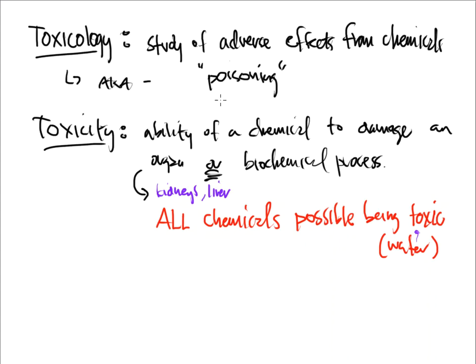What's a biochemical process? Well, a biochemical process would be processes that your body is doing. And these chemicals will interrupt that process. So, for instance, hemoglobin. Hemoglobin is what carries your oxygen to your extremities. How does the oxygen get to the tips of your fingers and the tips of your toes? Right? That's all the deal with hemoglobin.